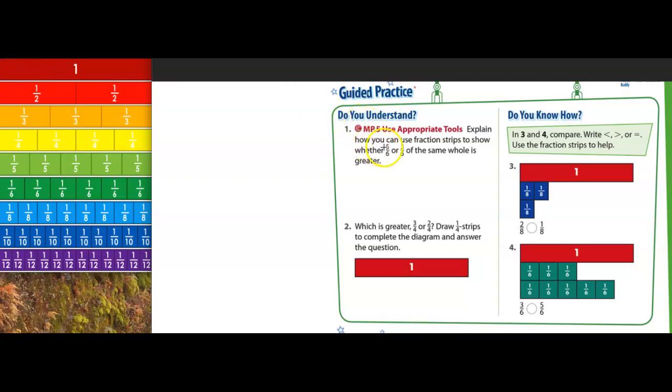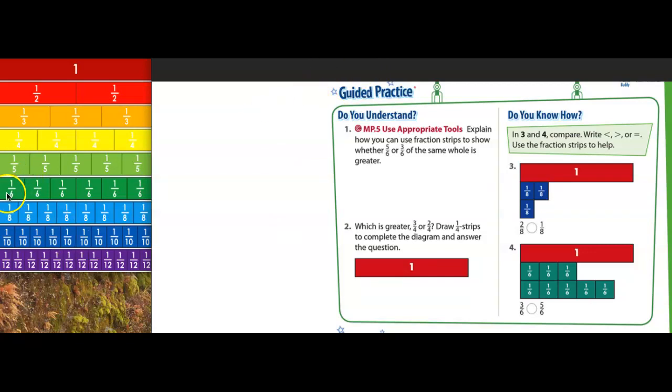And here it says, explain how you can use fraction strips to show whether 5/6 or 3/6 of the same whole is greater. So if I look down here, let me get my marker, and I look at 5/6. I'm going to highlight.